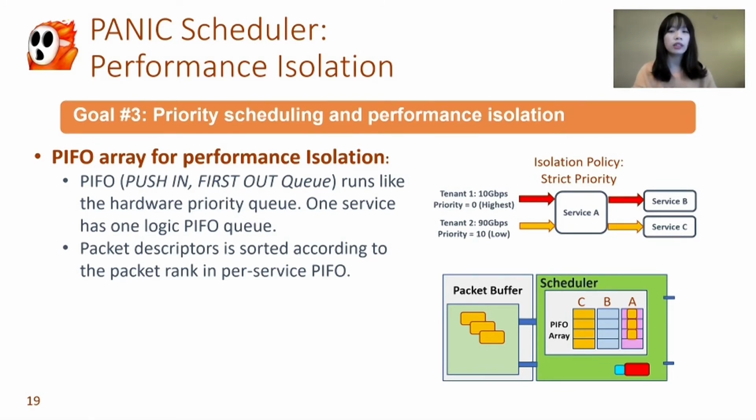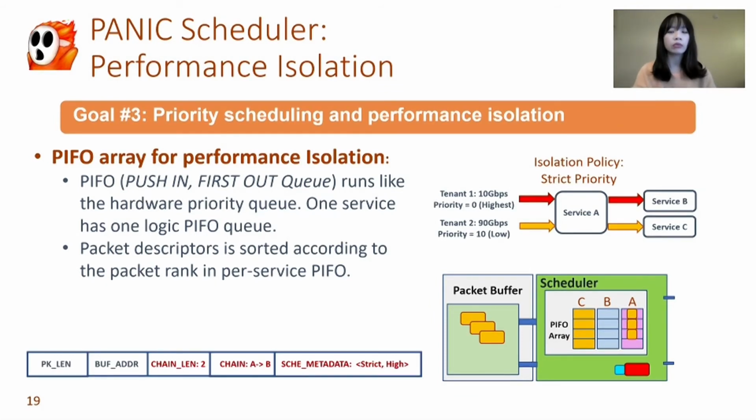When tenant 1's traffic comes in, the scheduler will calculate the packet rank according to the traffic priority number in the descriptor. In this example, tenant 1 has a higher packet rank than tenant 2. Thus, when the packet is enqueued into the PIFO, it will be put in the front of the queue, and this makes tenant 1's packet be scheduled first.